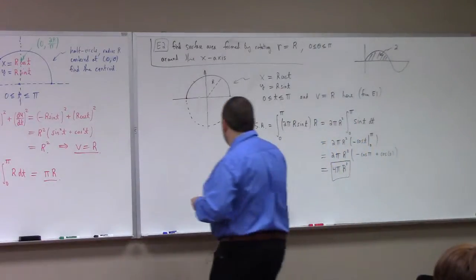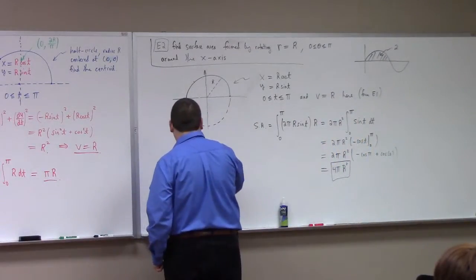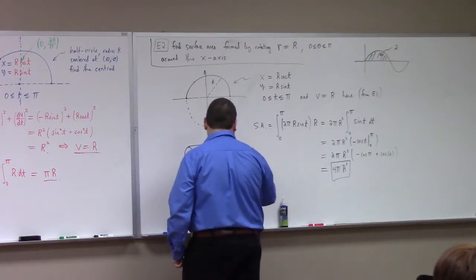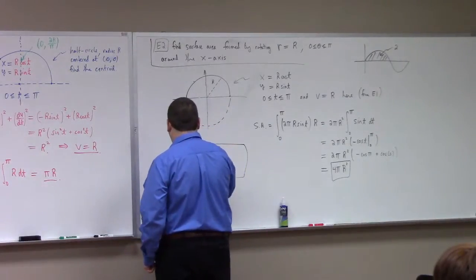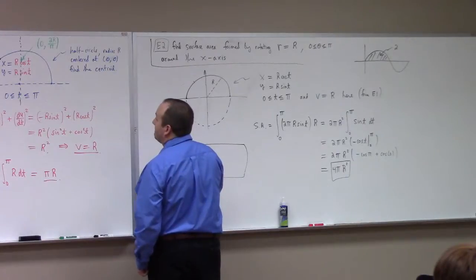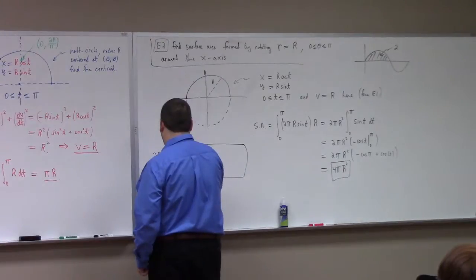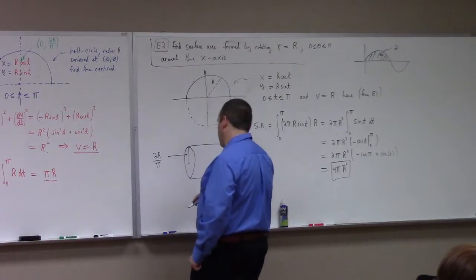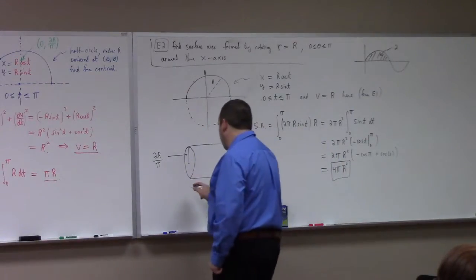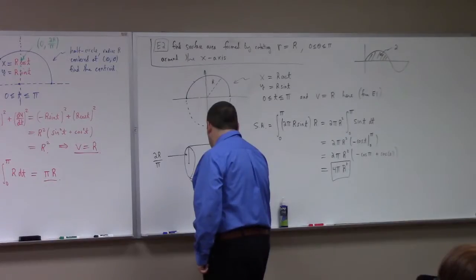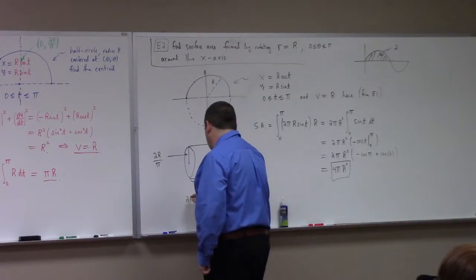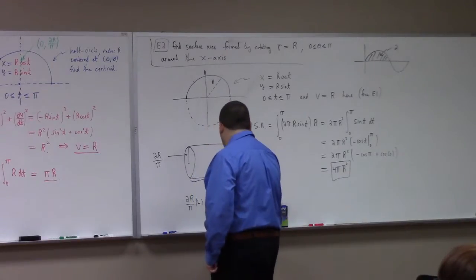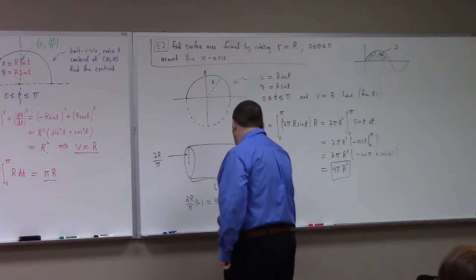So you want to re-envision the sphere as a cylinder with the radius of the centroid, which would be 2r over pi. We want some length here. We call it L. So 2r over pi times L equals 4 pi r squared, right? So what should we make L?